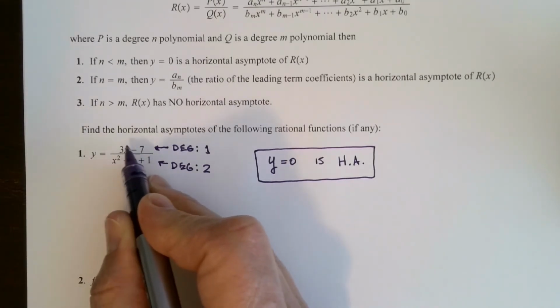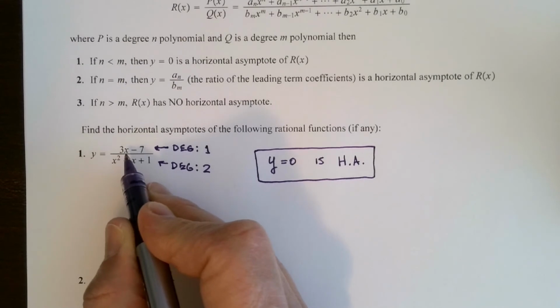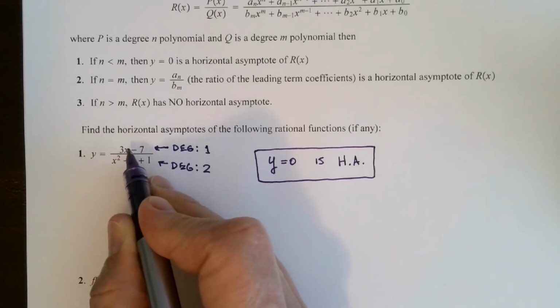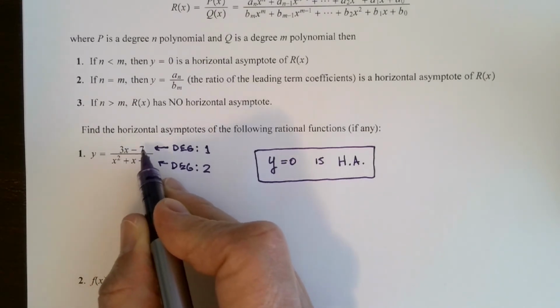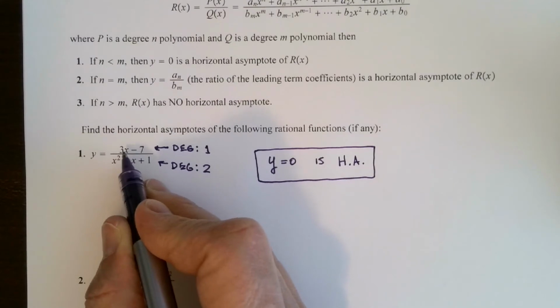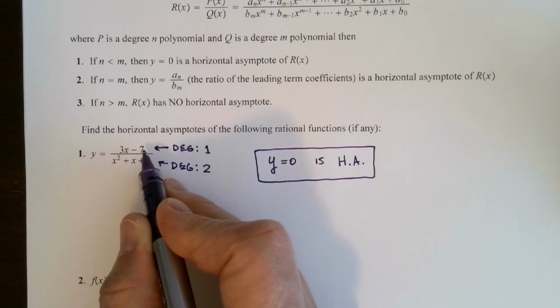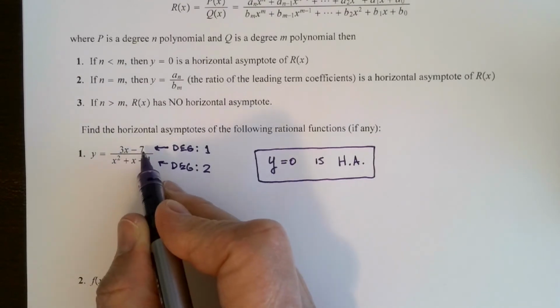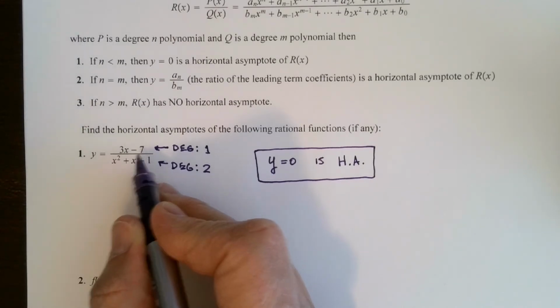As I plug in bigger and bigger values of x, and I'm thinking again, really big, 1,000, 1,000,000, 1,000,000,000, 1,000,000,000,000. 3 times 1,000,000,000,000 is a large number. If I take away 7 from 3,000,000,000,000, subtracting 7 is almost insignificant. Think about if you had $3 trillion and you handed out $7. You wouldn't even miss it. It would be insignificant.